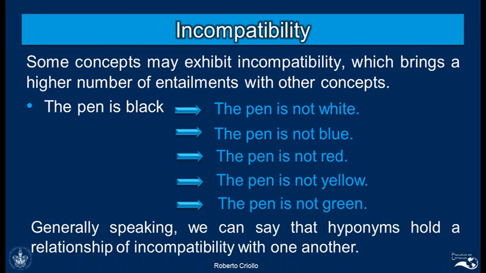So generally speaking, we can say that hyponyms hold a relationship of incompatibility with one another. This means that if we mention one member in the category, the entailments would include all of the other members of the same category. We call this incompatibility.